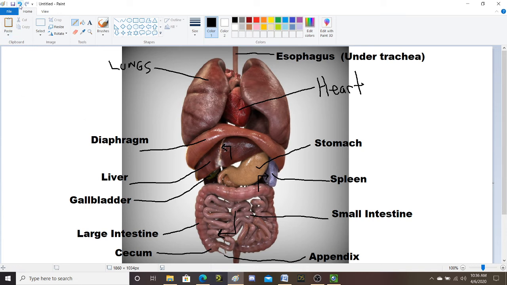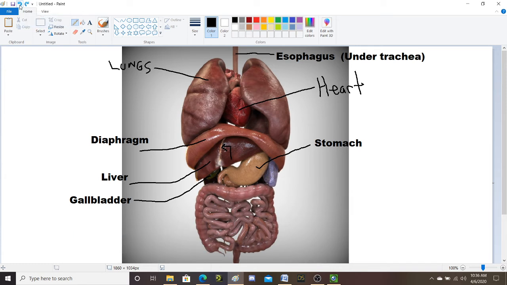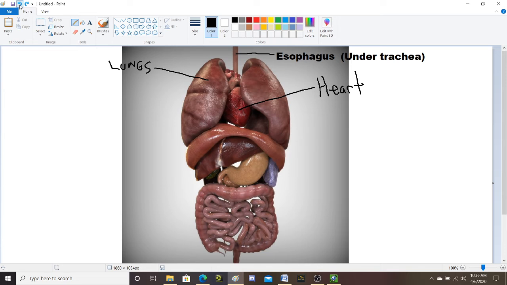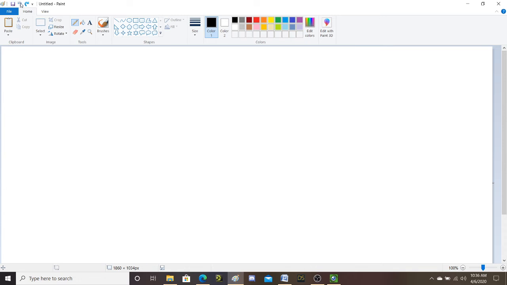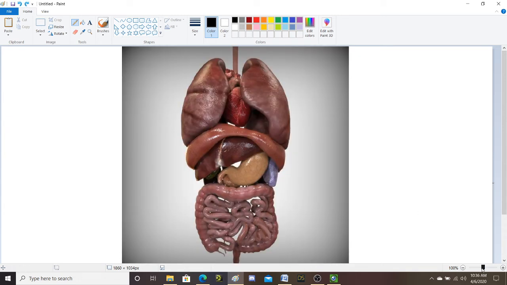But let's first look at the small intestine. I'm going to get rid of a few of my labels here just to make this easier. Let's just get rid of them all. If I zoom in to our picture, you notice the small intestine on this diagram, and you see all these spaces around the small intestine.